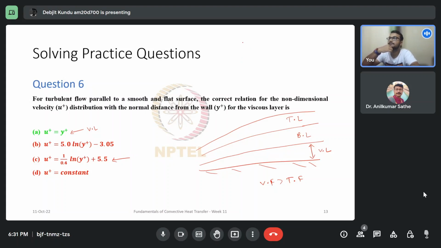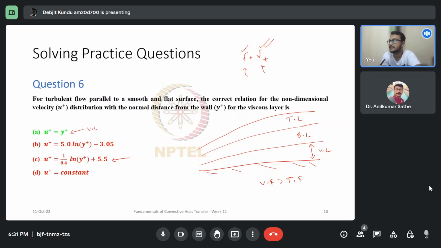Another thing over there was that this was nu, the normal viscosity, and this was nu t, the turbulent viscosity. In the viscous layer, the normal viscosity dominated over the turbulent viscosity, and in the turbulent layer, the turbulent viscosity dominated over the shear forces. So that's what led to simplification of the equations.